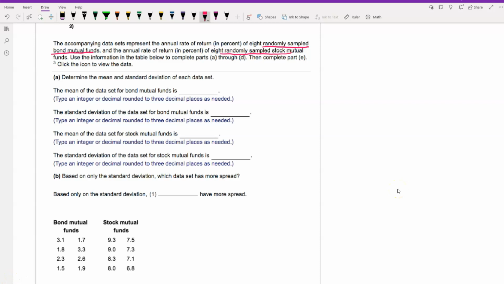So we have to enter these numbers into TI-84 to be able to find mean and standard deviation. We can find it by hand, but finding standard deviation takes time, so it's better to use TI-84 here on the spot.